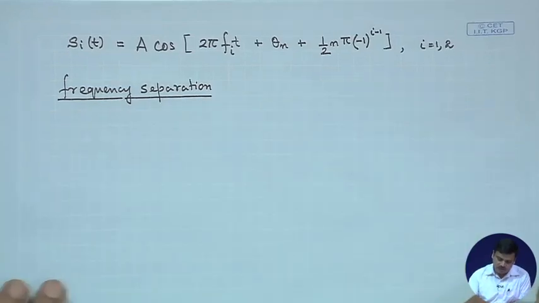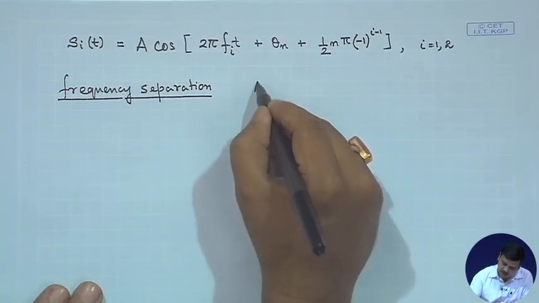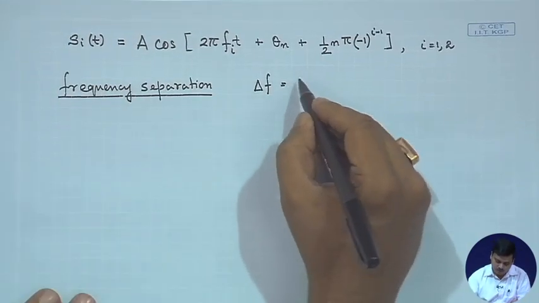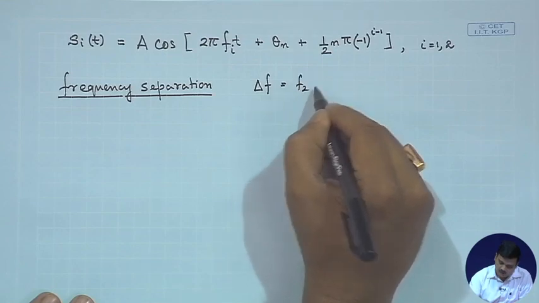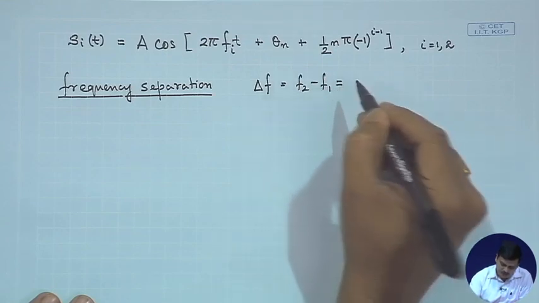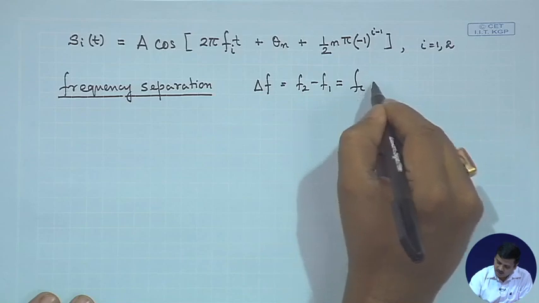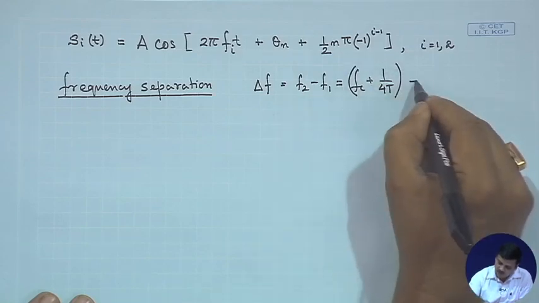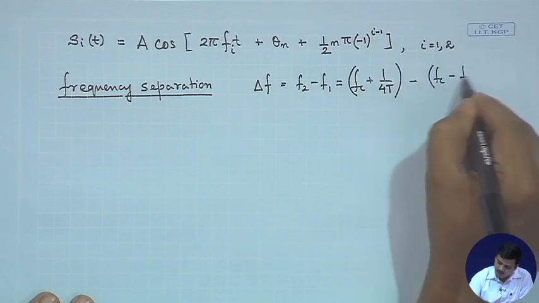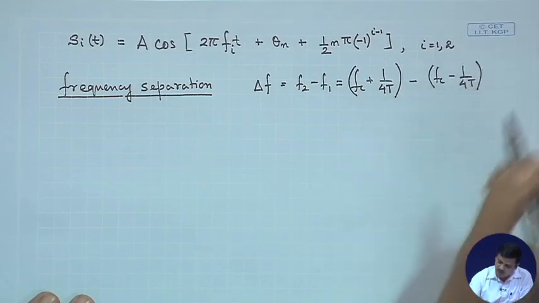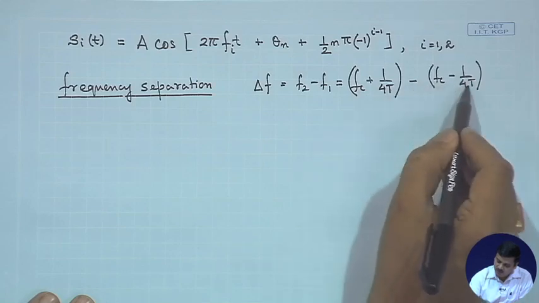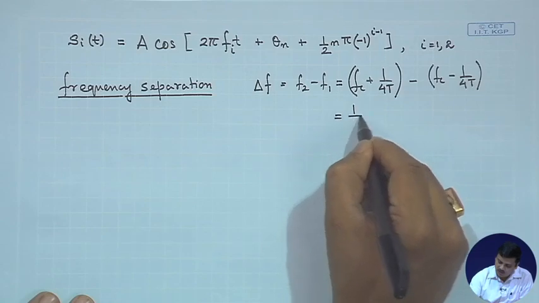So, the frequency separation that we have is delta f, which is equal to f 2 minus f 1, which you could easily calculate as f c plus 1 upon 4 t, which is f 2, minus f c minus 1 upon 4 t. So, f c and f c would cancel out, you would have 1 upon 4 t plus 1 upon 4 t, which is equal to 1 upon 2 t.